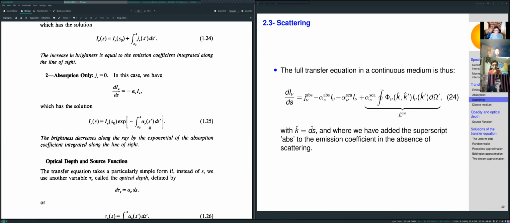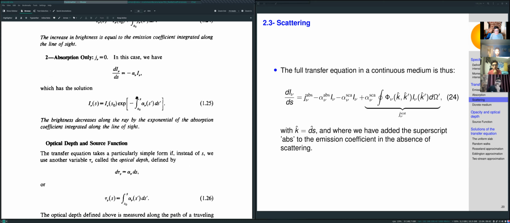The argument of this exponential is the same as in equation 1.26, so you can replace what's in the exponential with tau_nu.